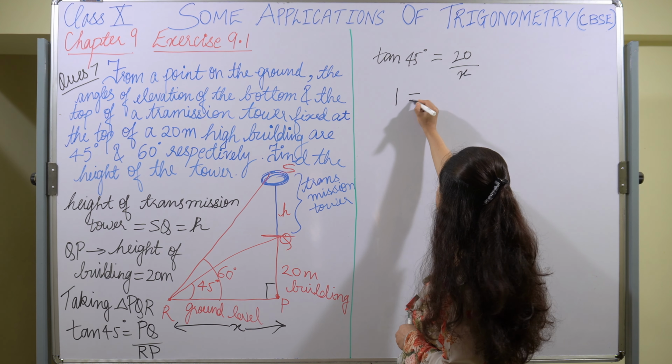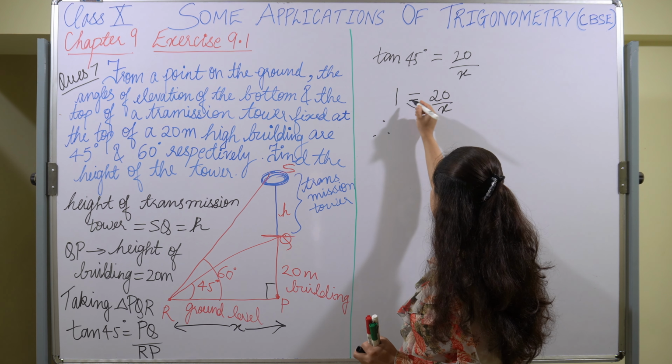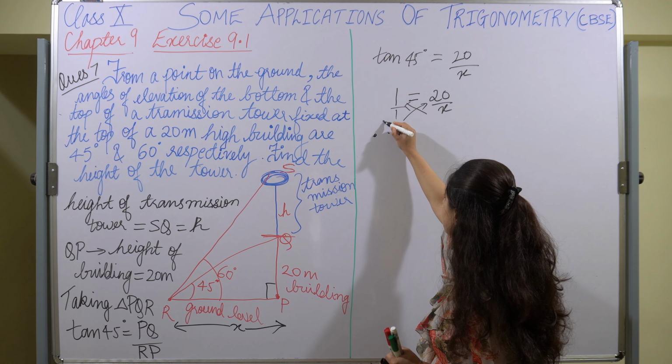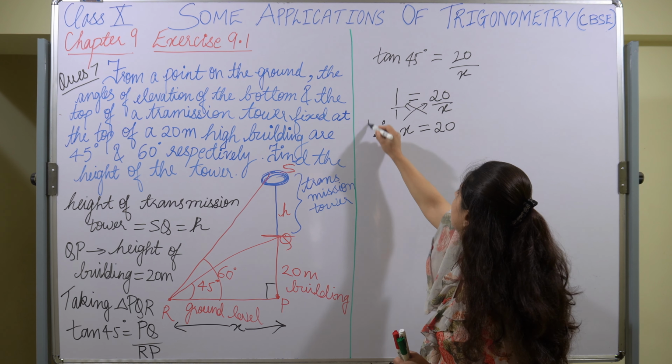So I am putting 1 equals 20 by X. Therefore, when I cross multiply, I get X is equal to 20.